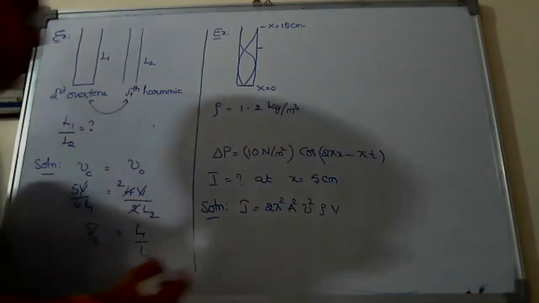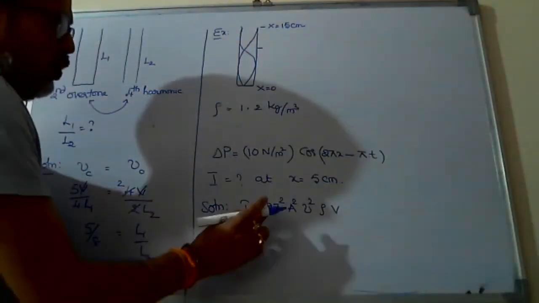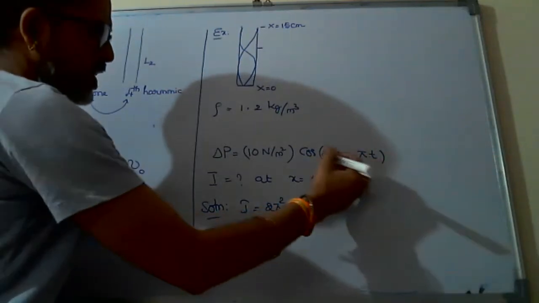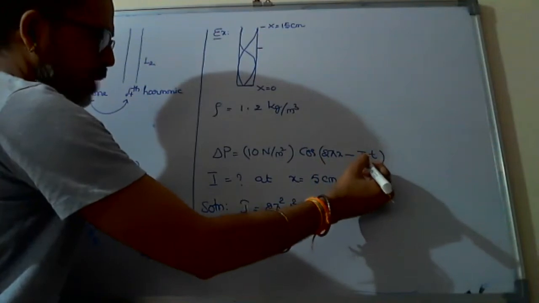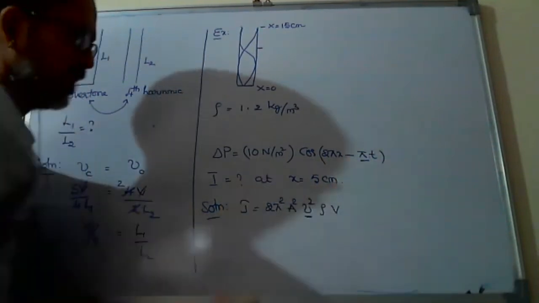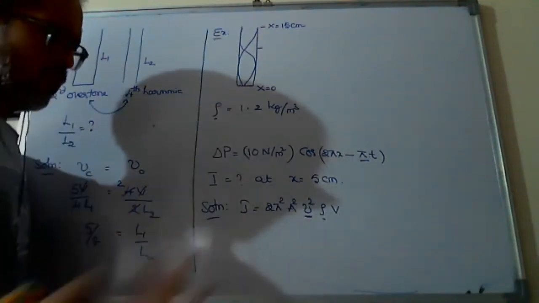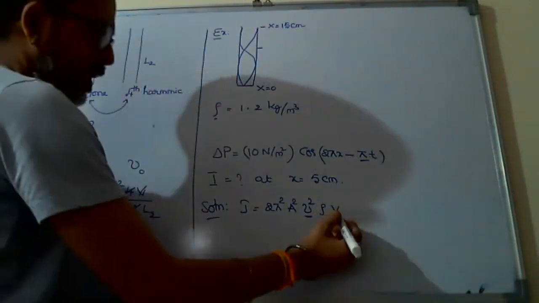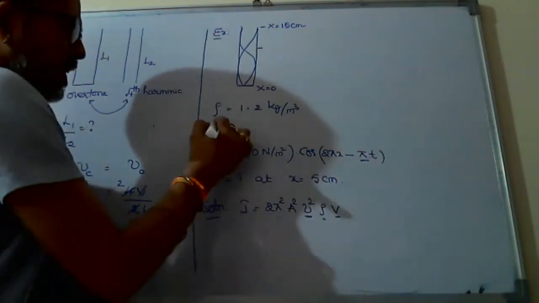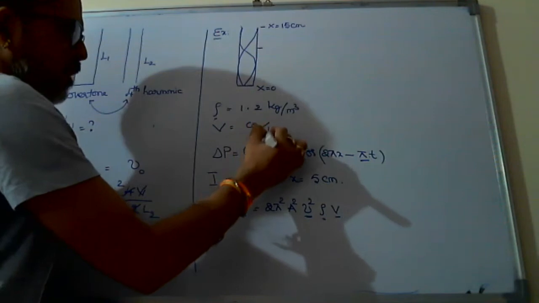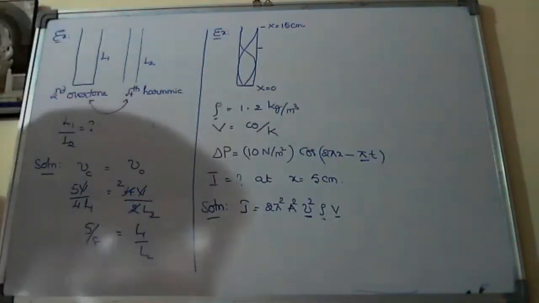But here the problem is 2 pi square a square mu square rho v. Frequency, of course, it is in the form of kx minus omega t. From omega, I can find the frequency. No problem at all. Density already given. Velocity of the wave I can find. I think you also remember long back we have one formula, v equals omega by k.